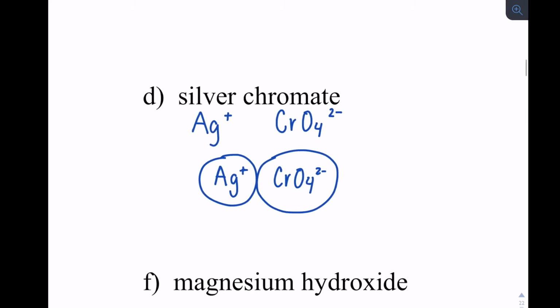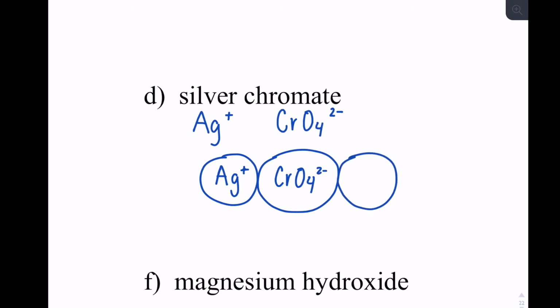So I'm going to put a silver on the other side. Remember that positives attract negatives, so you'll need to put your positives touching the negatives. Don't just put another silver out here. These will repel each other. No, doesn't go there. You have to put it touching the chromate where it's attracted to the negative charge.